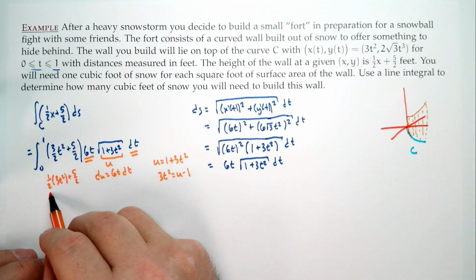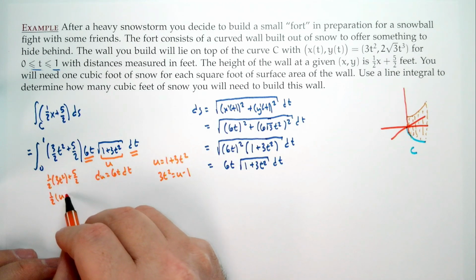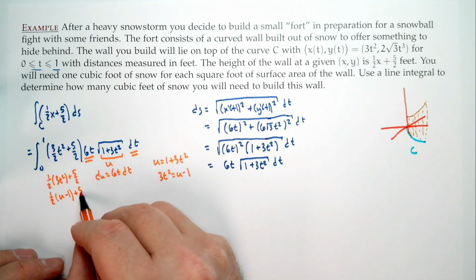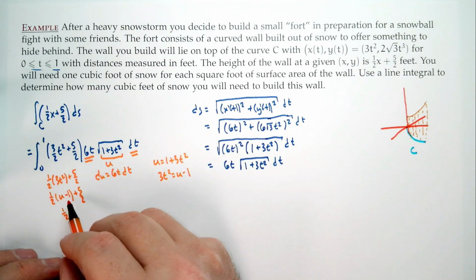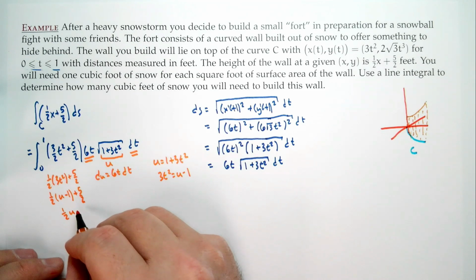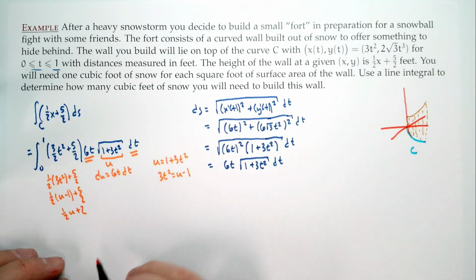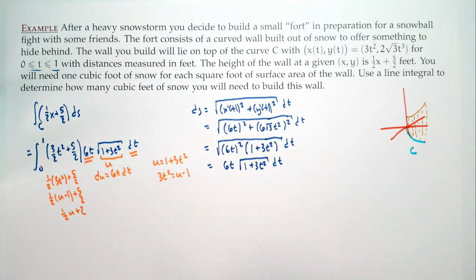So we can rewrite this as 1/2 times u minus 1 plus 5/2. Or if you like, 1/2 u, then minus 1/2 plus 5/2 would be plus 4/2, or plus 2. So that's how we can replace that expression.